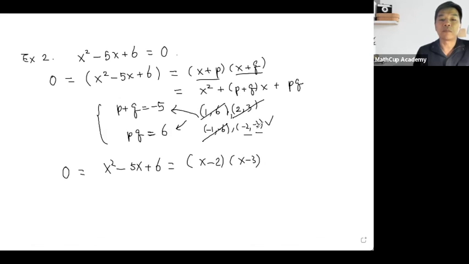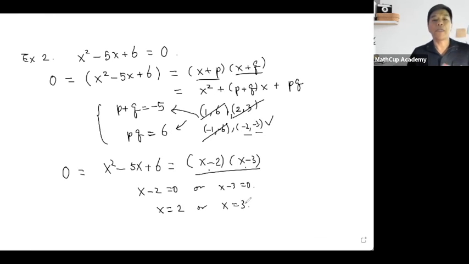If you take p equals -3, q equals -2, you still get the same factoring. Since they multiply together to equal 0, x minus 2 equals 0 or x minus 3 equals 0. So x equals 2 or x equals 3. And this is the factoring technique to solve quadratic equations.